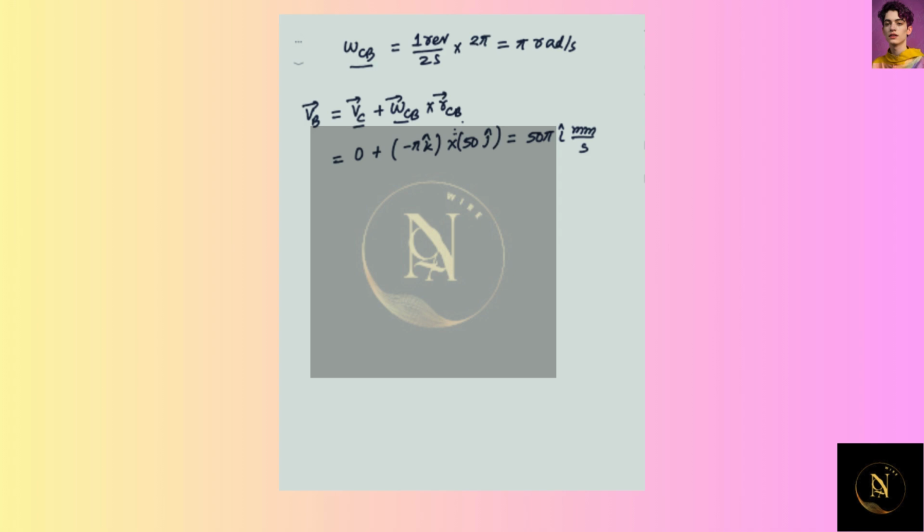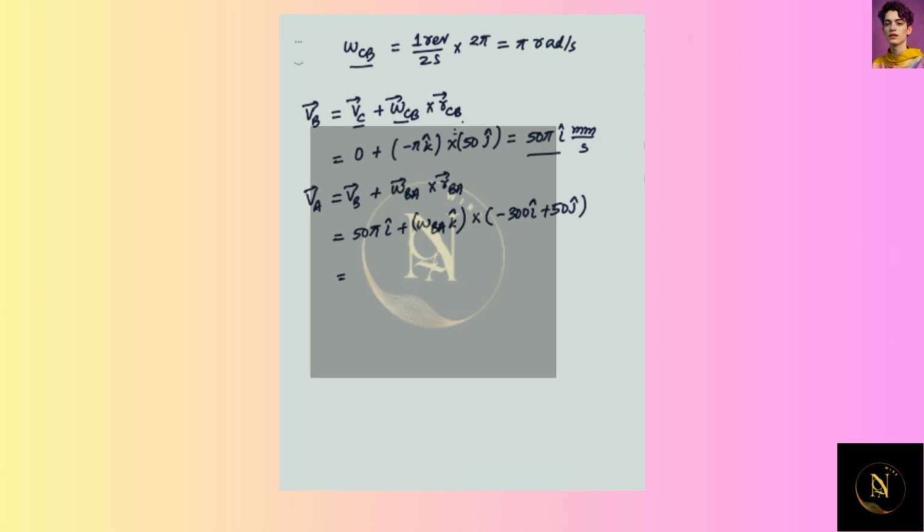We can also obtain the velocity vector V_A with respect to point B. So we can write the V_A vector equals V_B vector plus omega BA vector cross R_BA vector. Substituting values, V_B vector is 50 pi i cap plus omega BA k cap cross R_BA, which is minus 300 i cap plus 50 j cap.